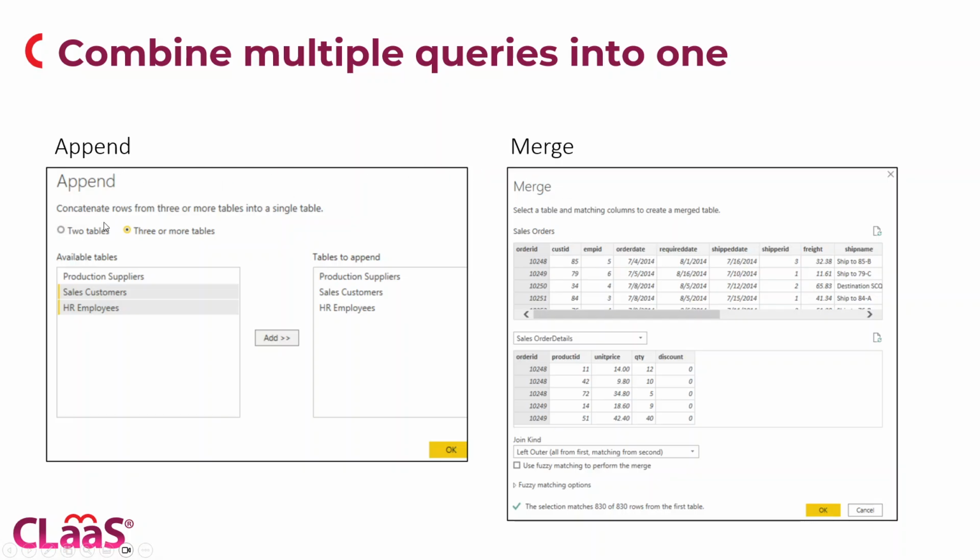Append is basically appending the other table or query into the existing one. The merge will create a new table, a merged table. This one is concatenating rows from 3 or more tables into a single table, so it uses the existing table. This one creates a new one.